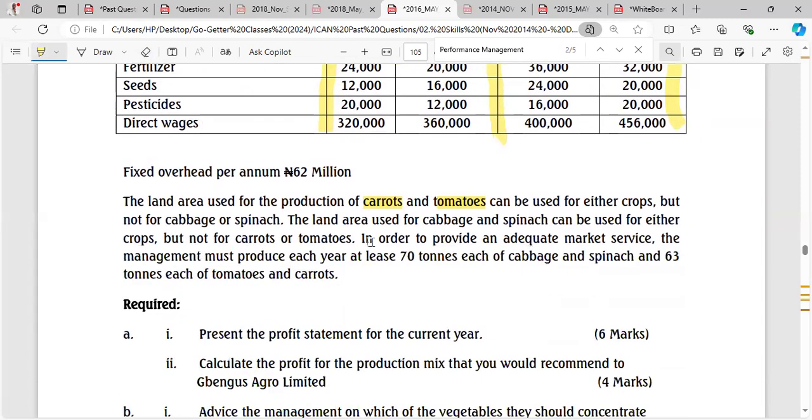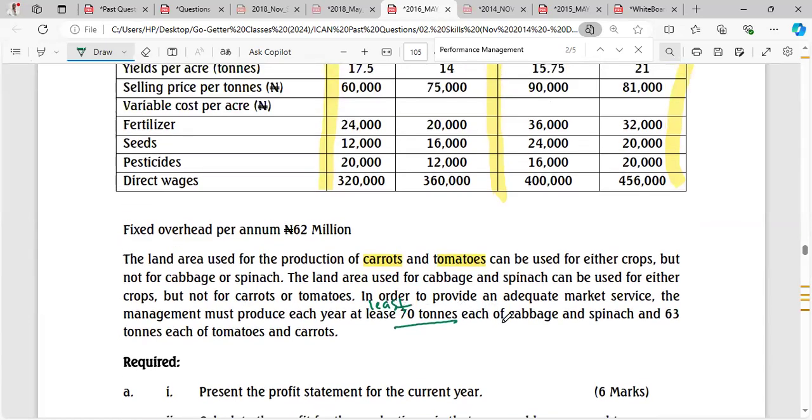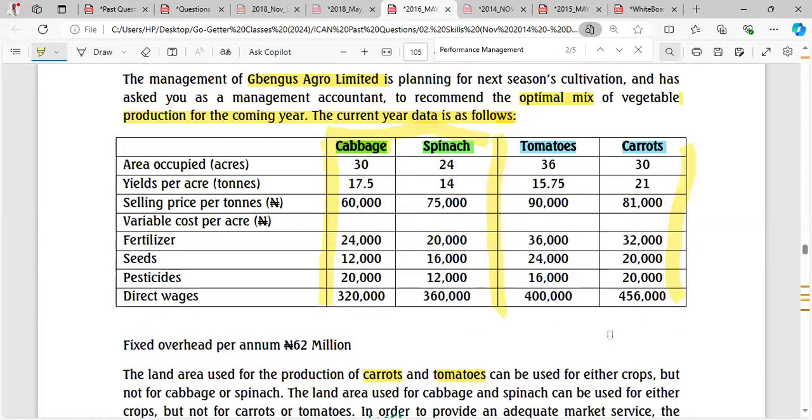Now let's look. In order to provide an adequate market service, the management must produce at least, this is L-E-A-S-T, least, 70 tons each of cabbage and spinach. So here the least to produce is 70 tons.